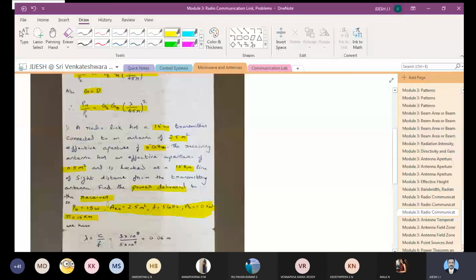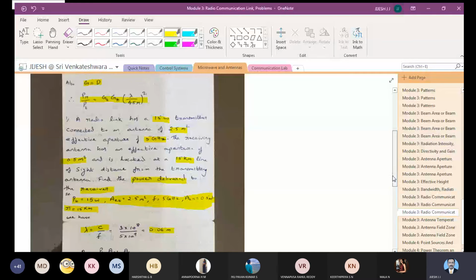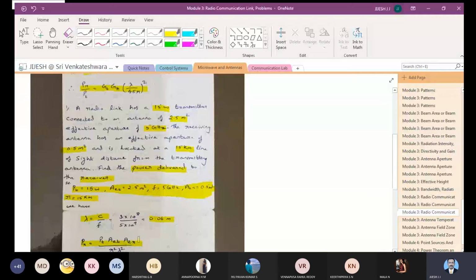So first find lambda. Lambda is C by F. You will get 0.06 meter. Then you can use the equation PR is equal to PT into AET AER divided by R square lambda square. Has any one of you got the received power?